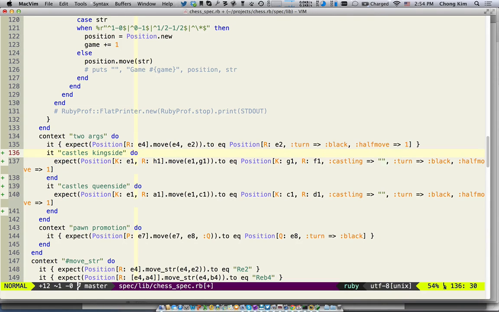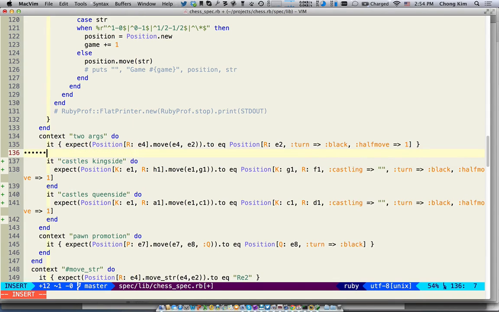So I think that actually I might as well make it explicit over here. So if I have a king on e1 and I have a rook on a1 and on h1, and I move the king, so from e1 to e2, then I should end up with the same position almost.